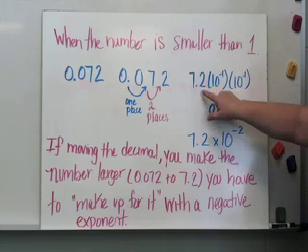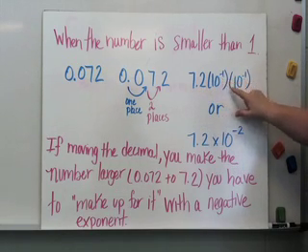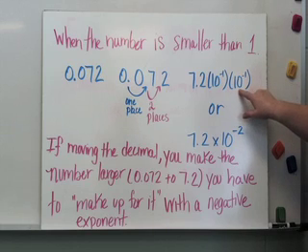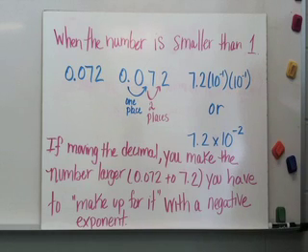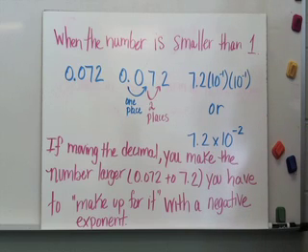So it's like 7.2 times 10 to the negative 1. We moved it a second place, 10 to the negative 1. Or in other words, 7.2 times 10 to the negative 2.